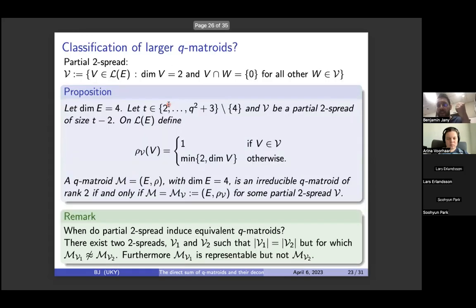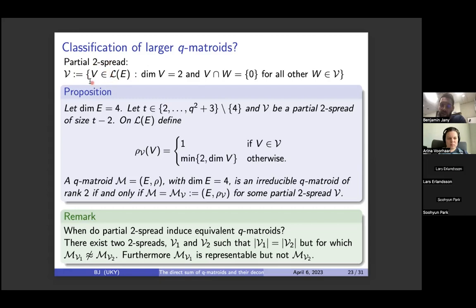Okay, what if we want to classify larger q-matroids? Well, it already gets quite complicated for q-matroids defined over a four-dimensional vector space. What we can do is characterize some irreducible q-matroids defined over a vector space of dimension 4 that have rank 2. To do that, we use this finite geometry notion of partial two-spreads.